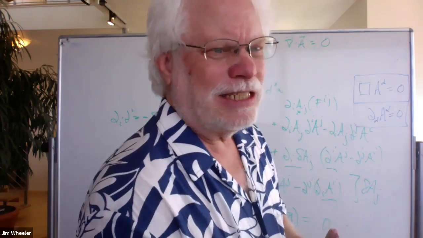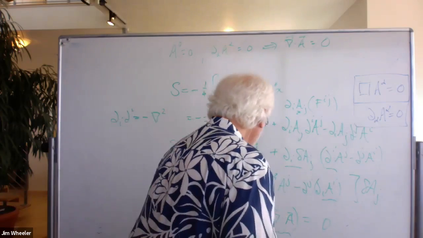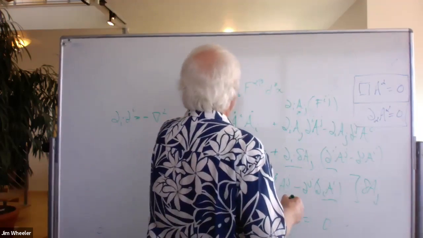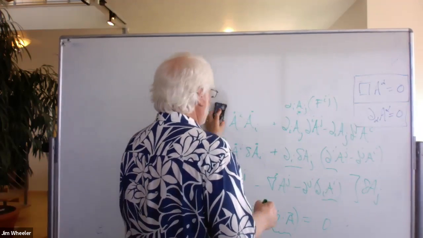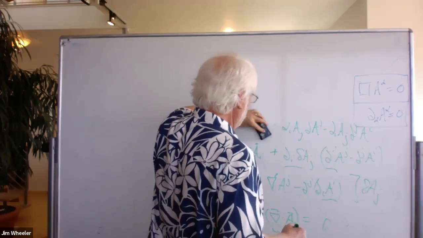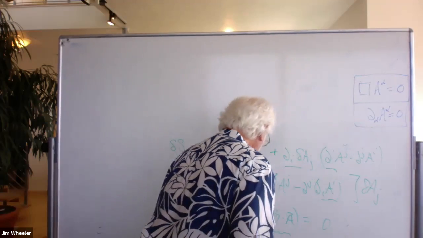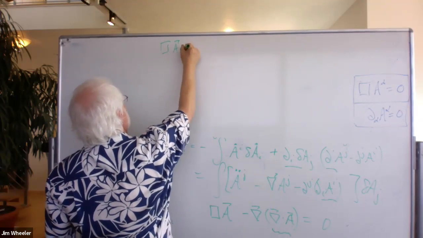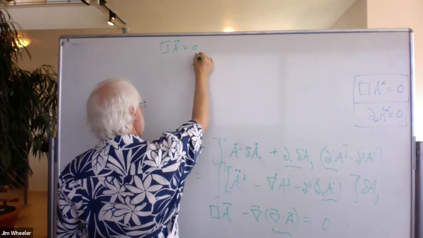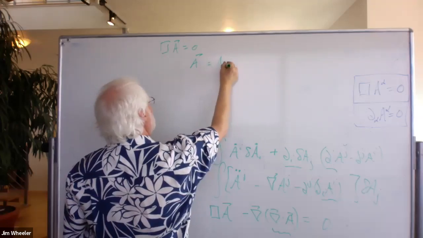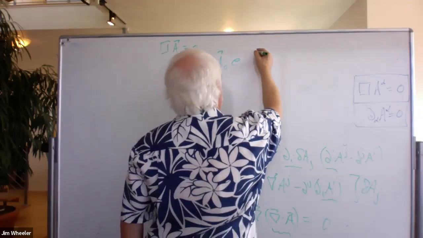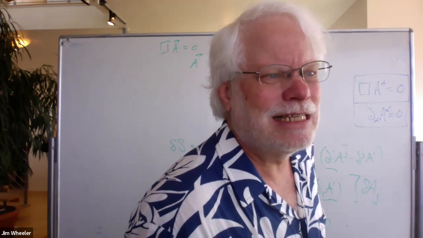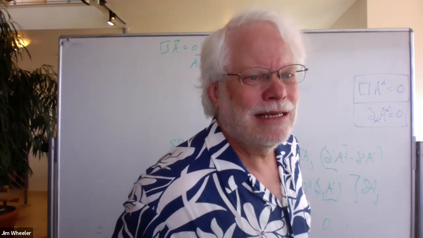So let's just write a solution for A. We have in our combined Lorentz-Coulomb gauge box A equals 0. So we can let A be some vector e to the i, am I just writing kx minus omega t? I think that's what I'm doing. Yeah.